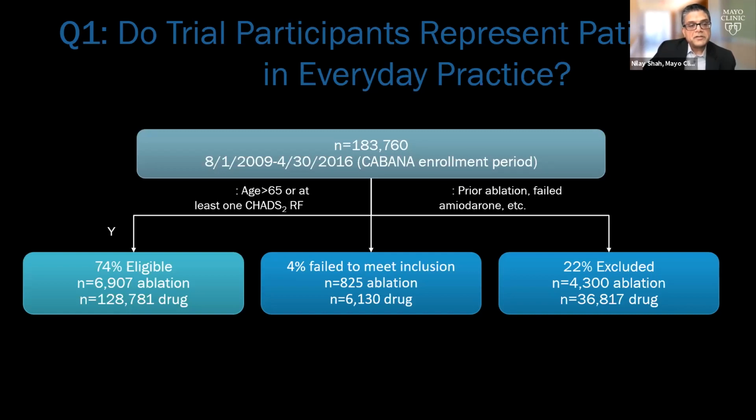What was interesting is that even the eligible population from the real world data, compared to the trial population, tended to be older, more likely to be female, and had a much greater number of minority patients. So even though you look at the same criteria, the distribution of characteristics, as I think both Sebastian and Bill have pointed out, tends to be different compared to the clinical trial population.